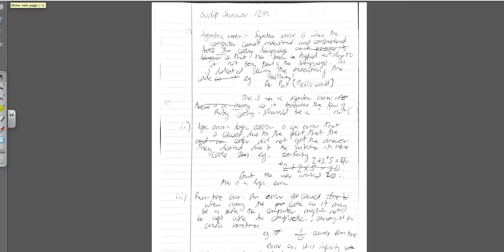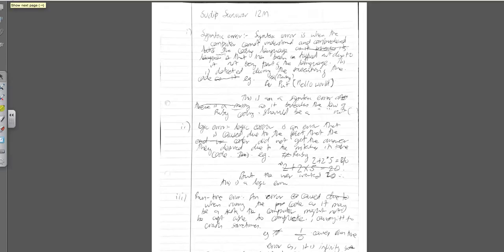Sudip. Syntax error is when the computer cannot understand and comprehend the coding language that has been typed in due to it not being part of the language. Detected during the execution, e.g., put hello world.